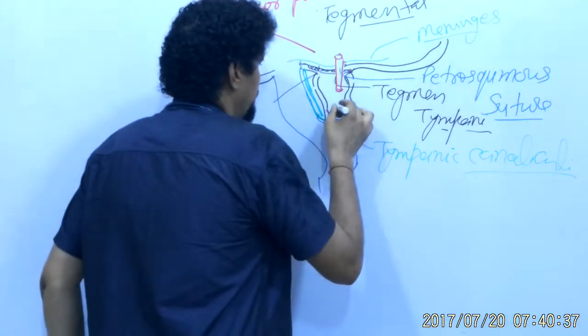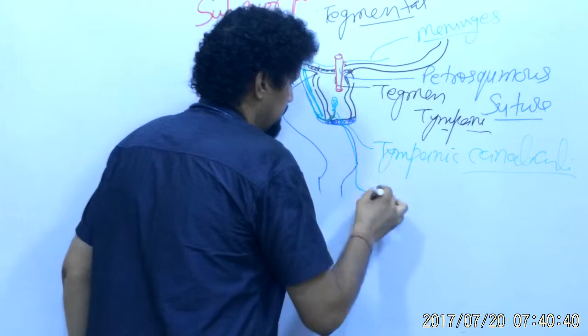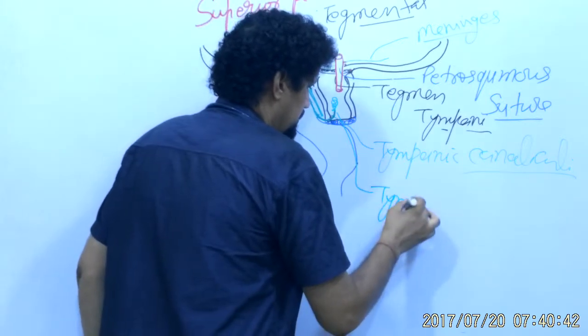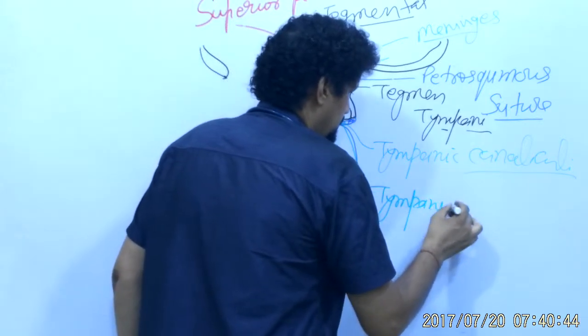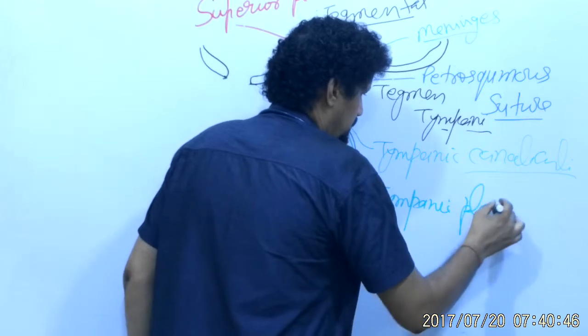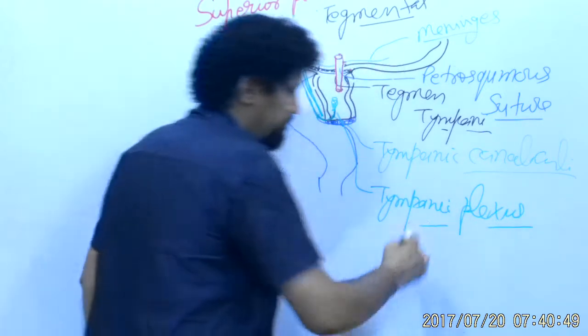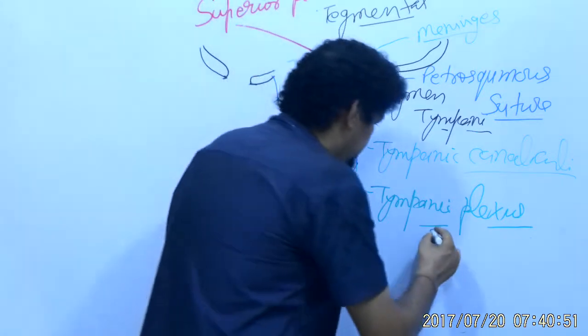So there is formation of the tympanic plexus, and it will give the lesser petrosal nerve.